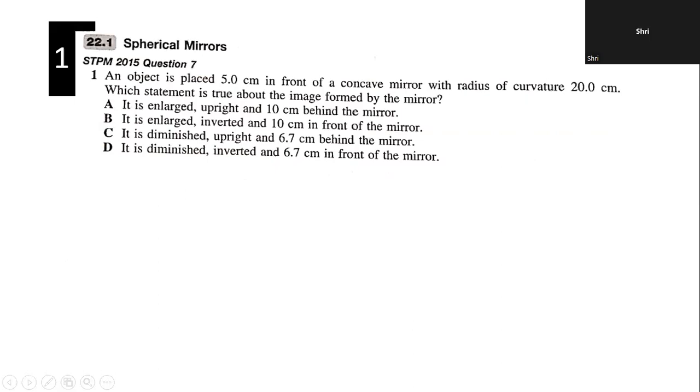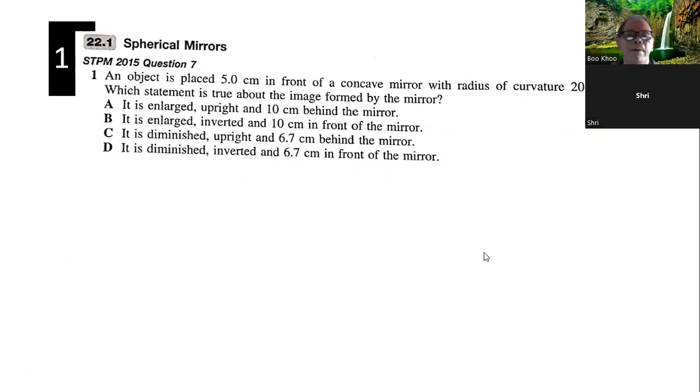Okay. What's the answer for here? An object is 5 cm in front of the concave mirror with radius of curvature 20 cm. Which statement is true about the image formed by the mirror? A, teacher. Okay, just imagine in your head, or you can draw it.